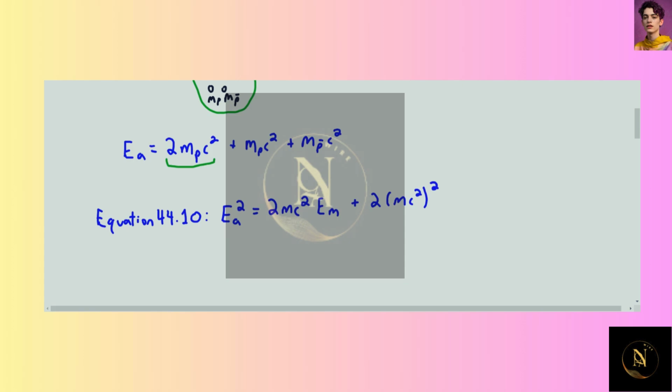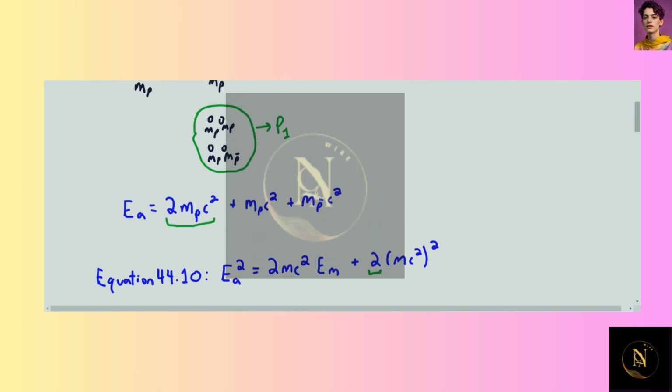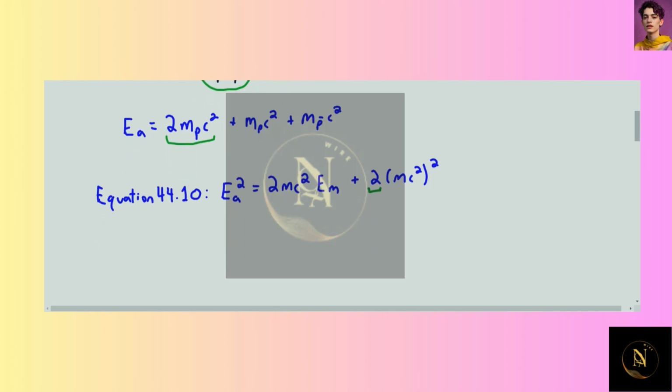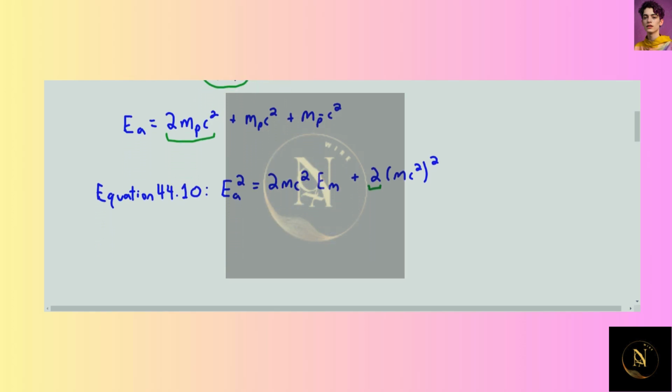The reason I have 2 here is because we're creating a proton antiproton, so it's mc squared plus mc squared. So we get 2 of them. I already substituted in what we needed.